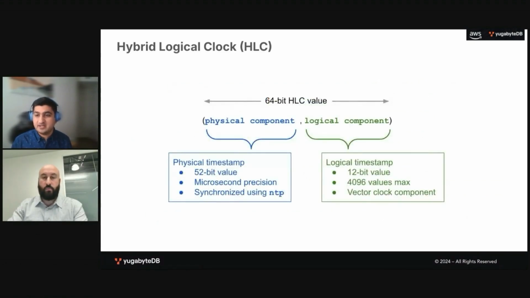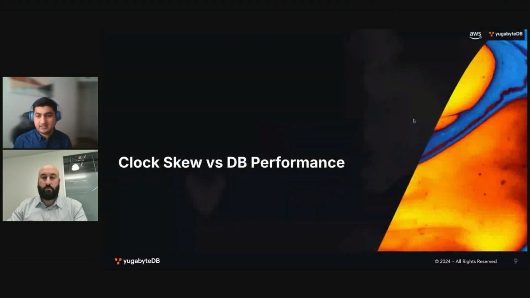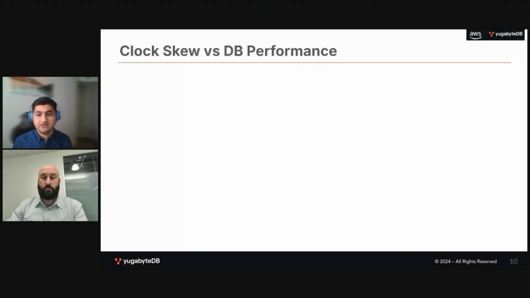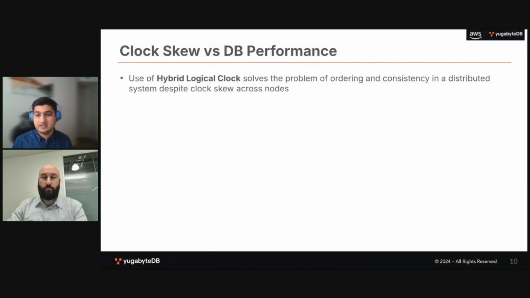You have a physical component, you have a logical component, and together it forms a 64-bit value. So the hybrid logical clock essentially solves the problem in an elegant way, and it provides you an ordering across a distributed system despite clock skew.